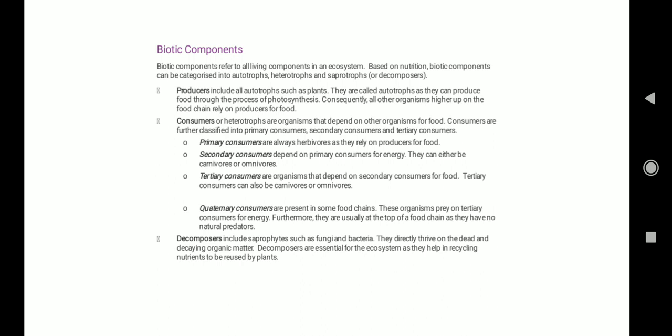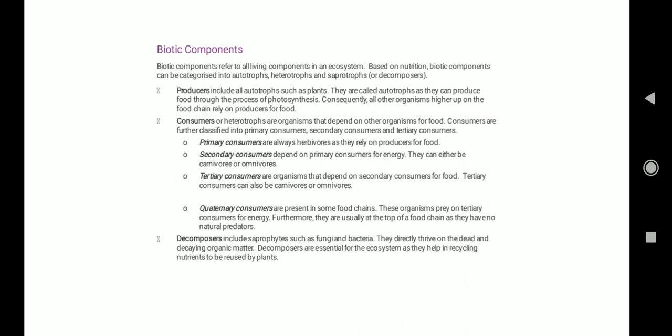Consumers are organisms that depend upon other organisms for food. Consumers are further classified into, as I said earlier, primary, secondary, and tertiary consumers. Decomposers include saprophytes such as fungi and bacteria. They directly thrive on the dead and decaying organic matter.